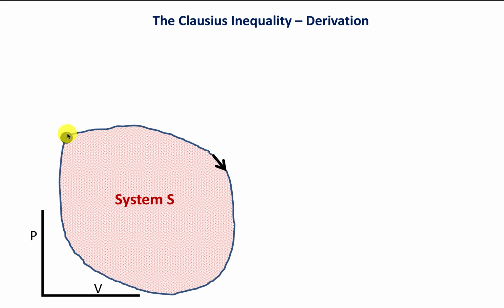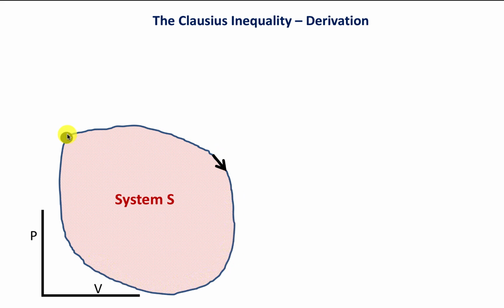And so one starts from some pressure, volume, temperature, etc. at this point, and then as we proceed around the cycle, we go around until we come back to the original starting point. Well, of course, the temperature as we go around is different at different points.